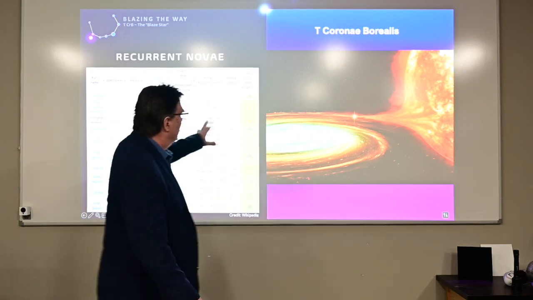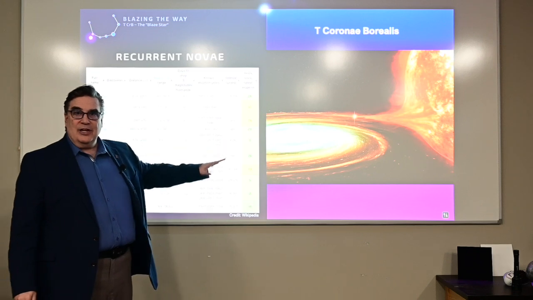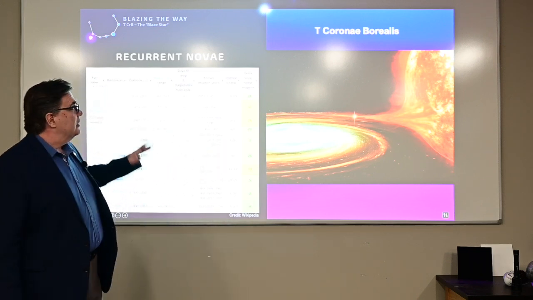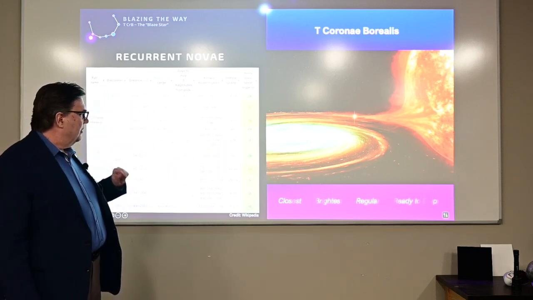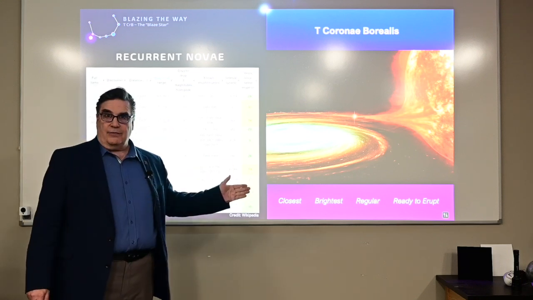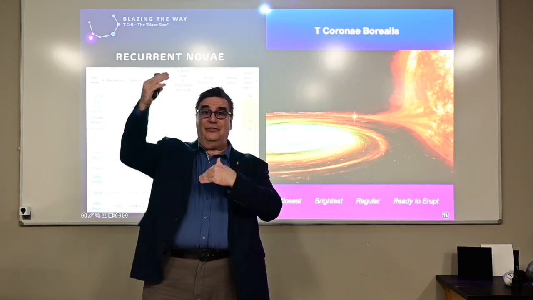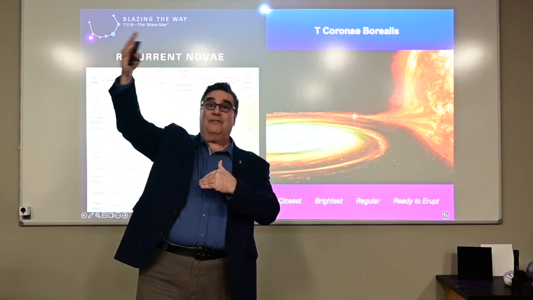But I do want to bring something very, very important to your attention here. According to this chart, T Coronae Borealis is the closest. It's the brightest in terms of when it goes nova, but also brightest when it is at its faintest.